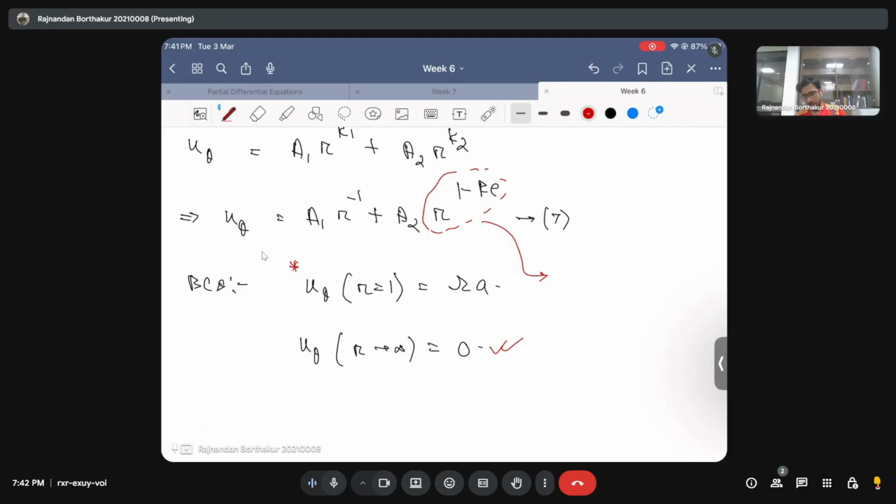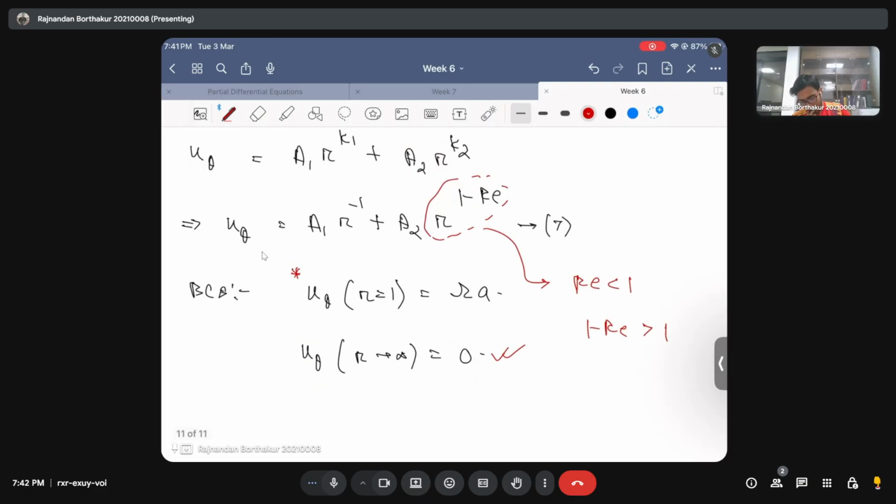If Reynolds number is less than 1, let's say it is 0.8, then 1 minus Re is 1 minus 0.8, which is equal to 0.2. So 1 minus Re is greater than 0.